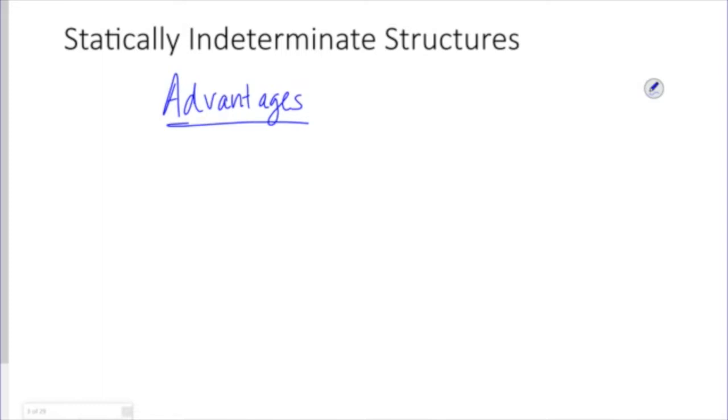That kind of makes sense. Smaller spans, maybe, and that can be a good thing because smaller design moments mean you require a smaller cross section for your design, less concrete, less steel. So it's cheaper, right?